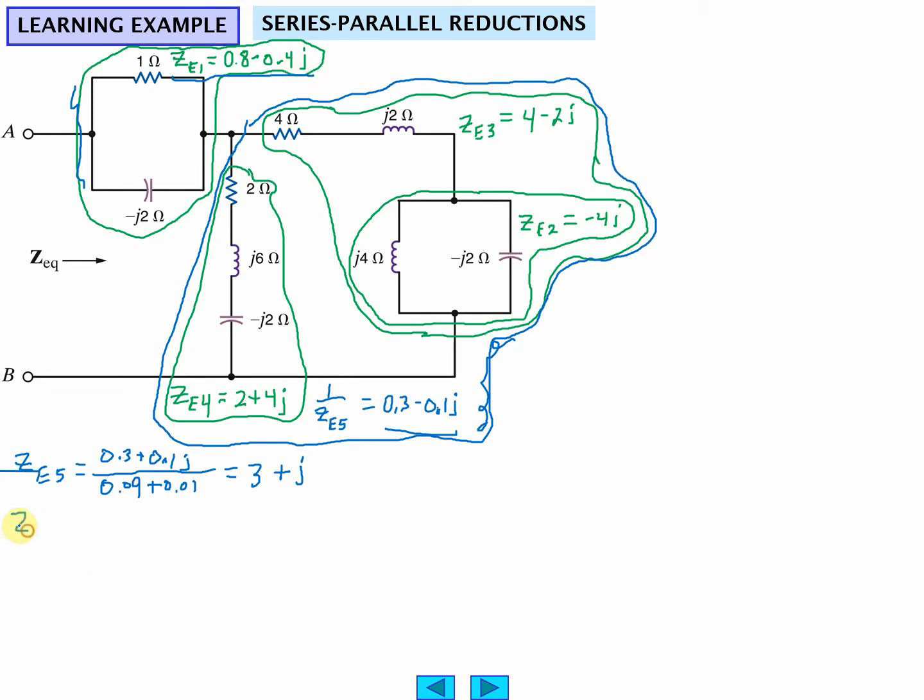So ZEQ is going to equal 0.8 plus 3, 3.8, plus 1 minus 4/10. There. Final answer. 3.8 plus 6/10 J. Let's see what the book says.